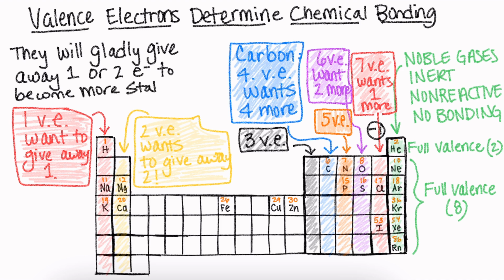So essentially, they always exist as cations with a +1 charge for this column and a +2 charge for that column. So a cation is a positive ion.